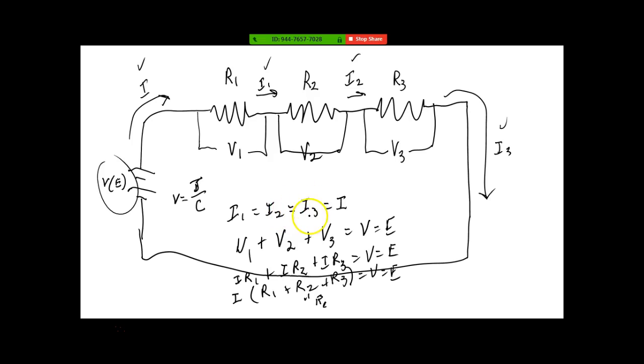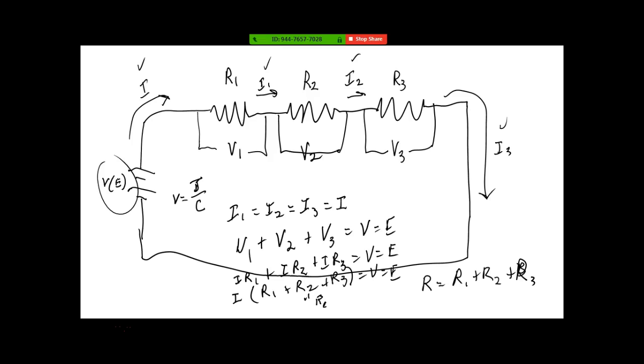I1 equals I2 equals I3 equals I. V1 plus V2 plus V3 equals V, or E. And then for the resistors, your total resistance of the system, they call it just R. I usually call it effective resistance or total resistance, R sub E or R sub T, is equal to R1 plus R2 plus R3. For a 3 resistor system, that's what you got.